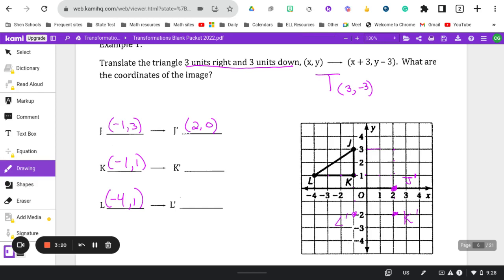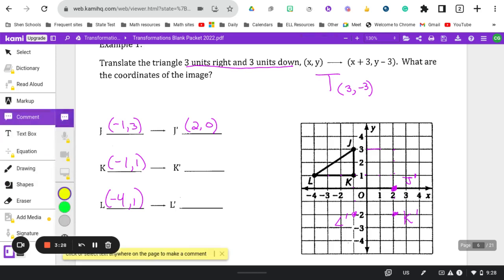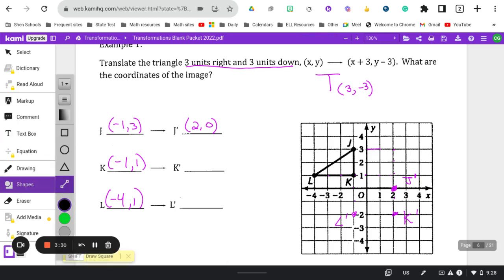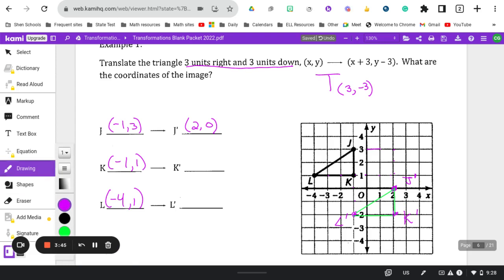And then I'm going to use my straight line tool, if I can find it. Shapes, line. Okay. And I'm going to connect these. So if you're using a Desmos, a formative, or something like that, you're going to use the straight line tool.